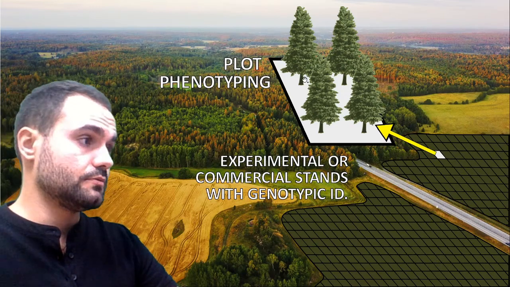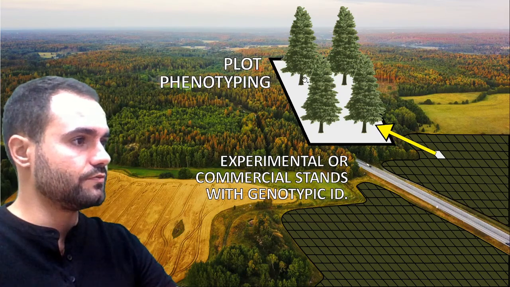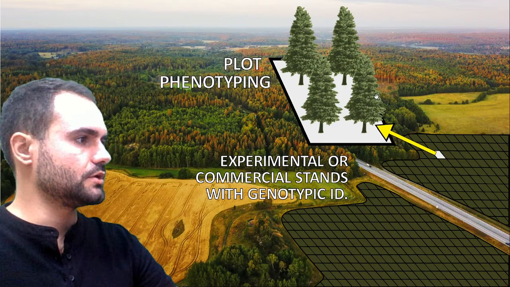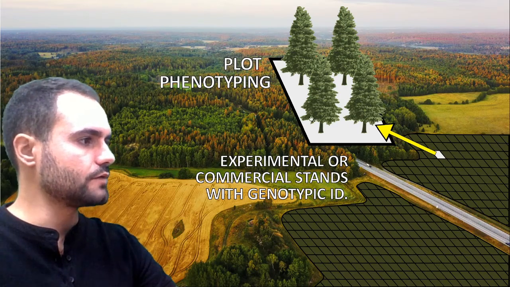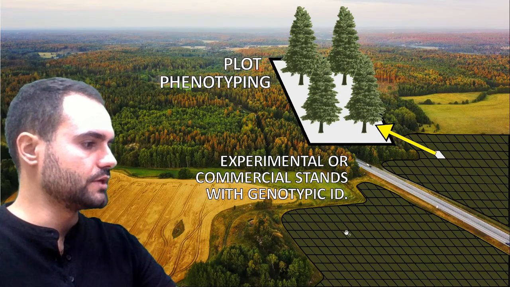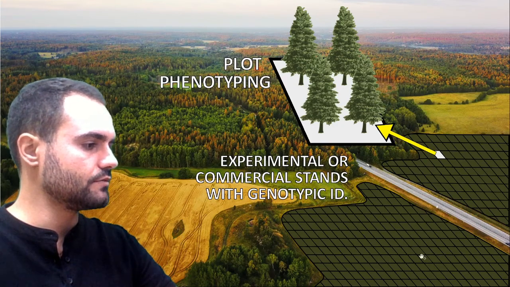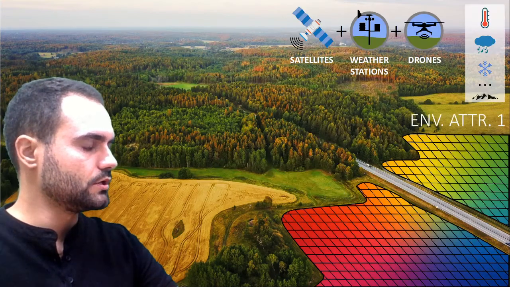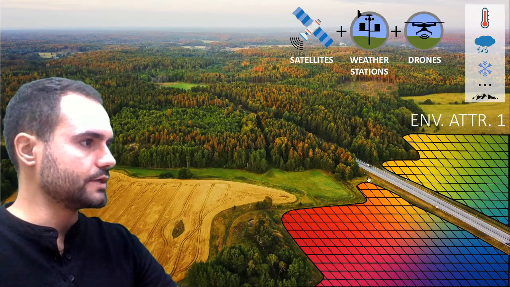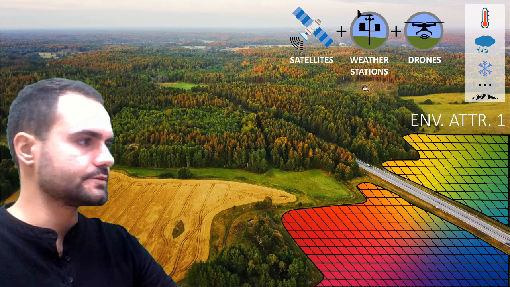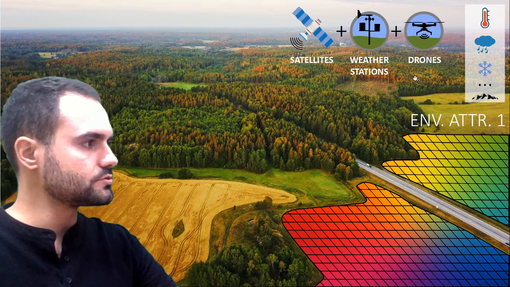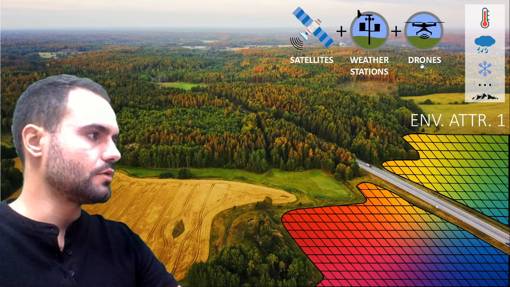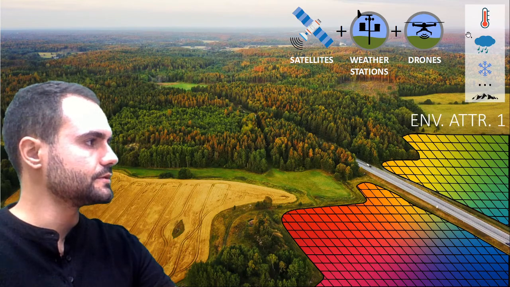When we talk about phenomics, this is a large high throughput kind of data collection, but here we're talking about environmental high throughput data collection. And we can collect this information by satellites or weather stations, or, not so commonly, by drones.